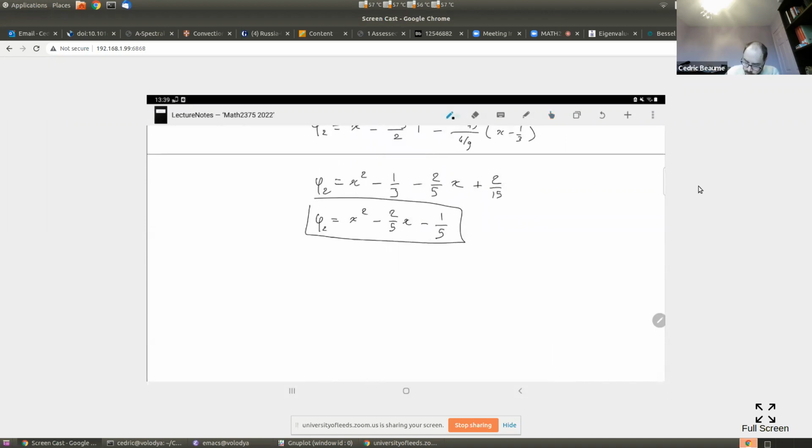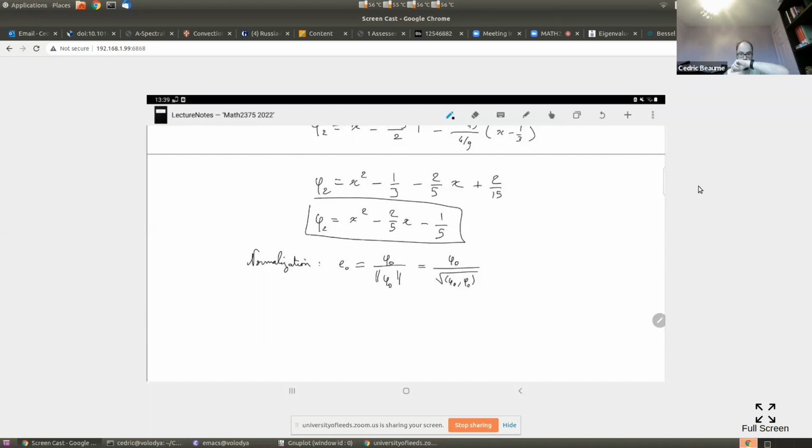The last thing that we need to do is to normalize them, right? So we need to make them normal. It's not that complicated. It's another simple step. We're going to call these functions this time E0, E1, E2. And E0 is going to be the normalized version of phi0, phi0 divided by the norm of phi0, and that norm has to be defined in the same fashion as we've defined this inner product. That is to say, it's going to be phi0 divided by the square root of the inner product of phi0 with phi0.